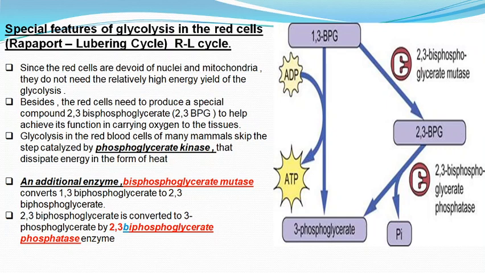2,3-BPG is then converted into 3-phosphoglycerate by means of a phosphatase enzyme present inside the red blood cells. So this is a side way from the process of glycolysis by which 2,3-BPG is generated.